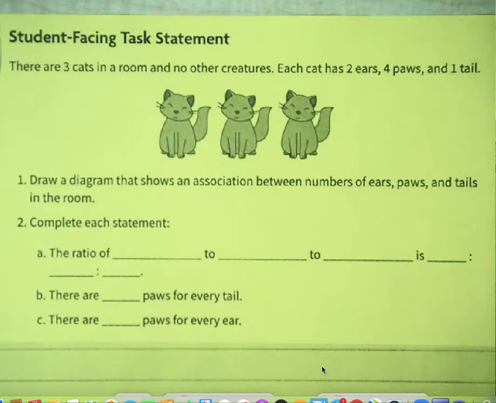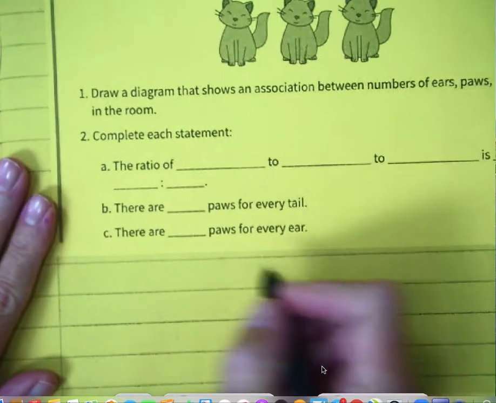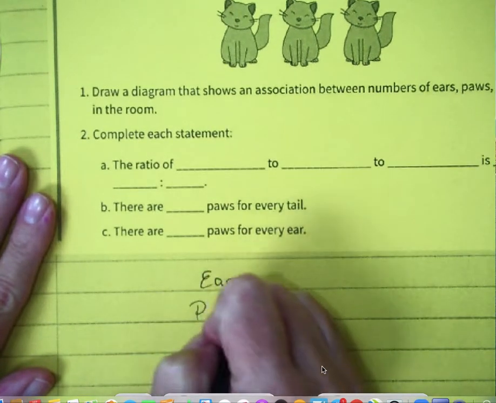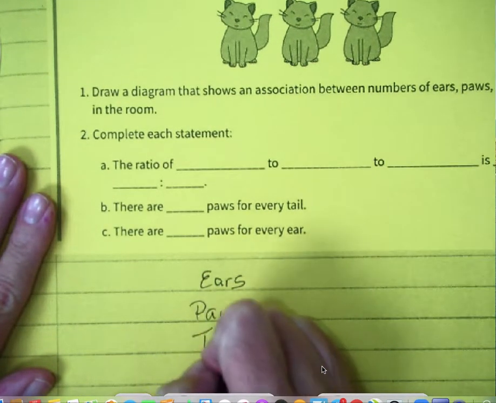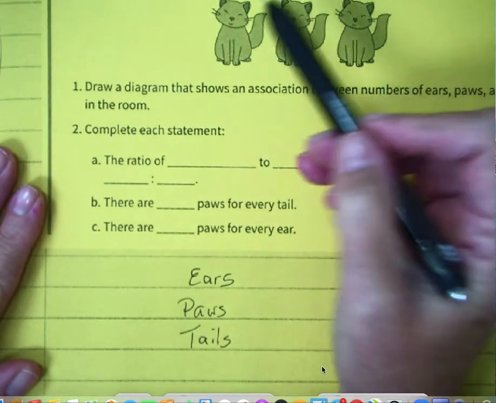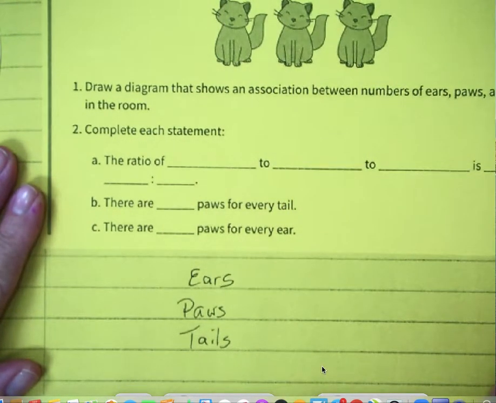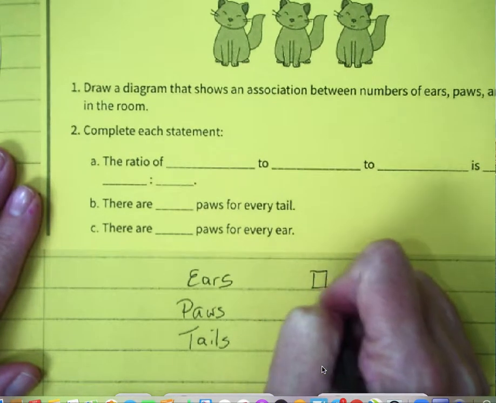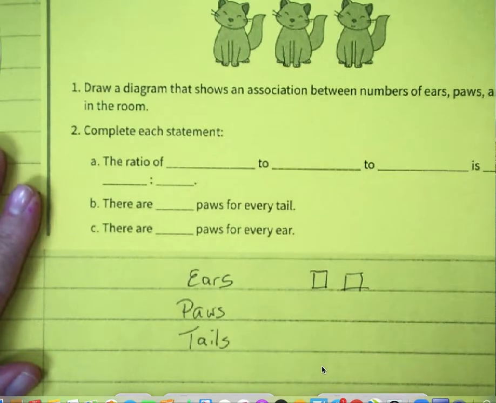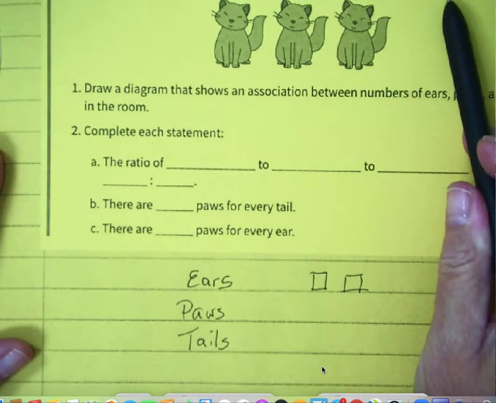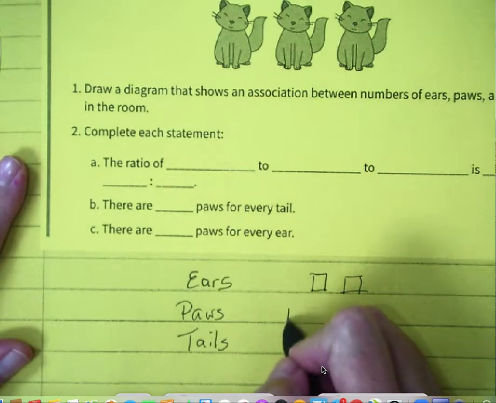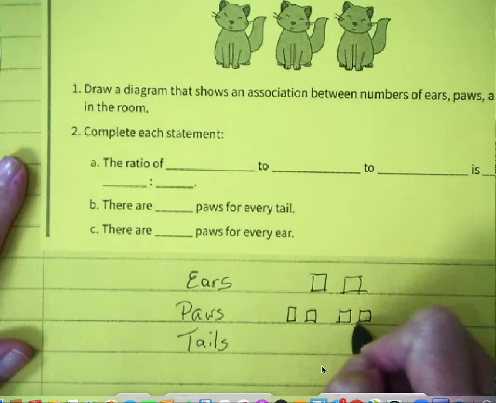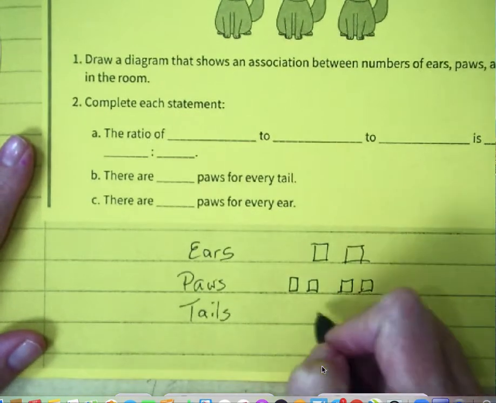So here's what I'm going to do. I'm going to go down here. Ears, paws, and tails. How many ears? 2. How many paws? 4. And how many tails?